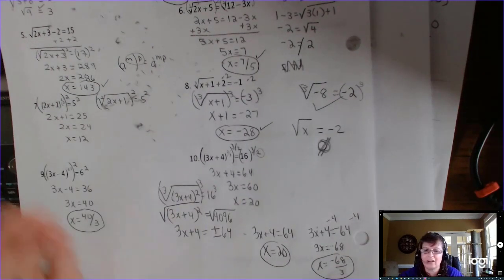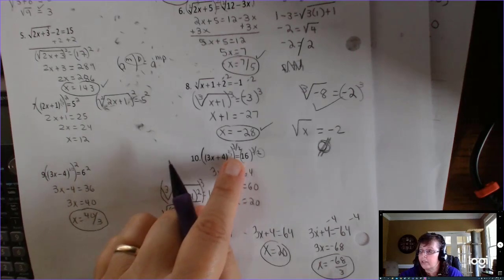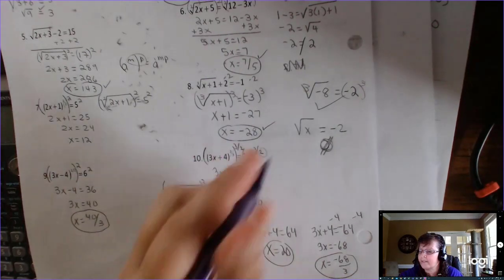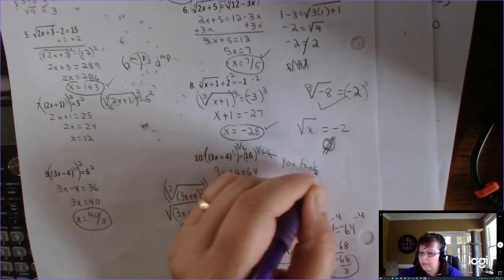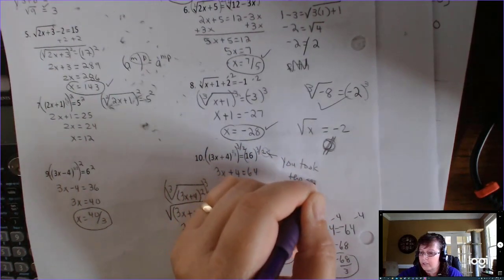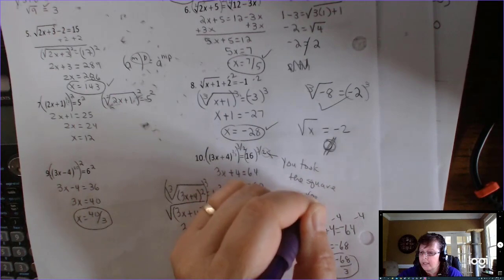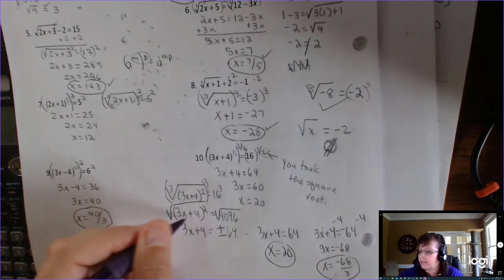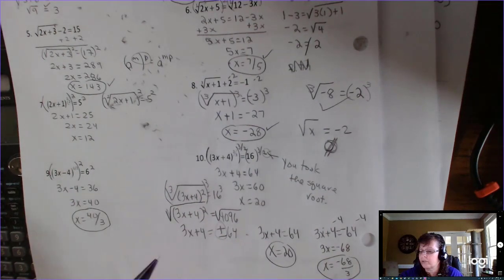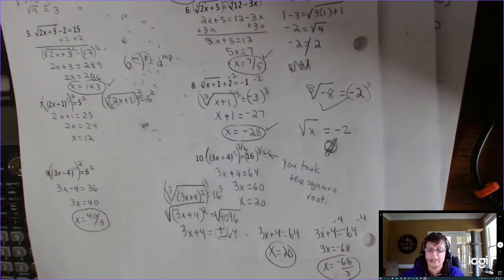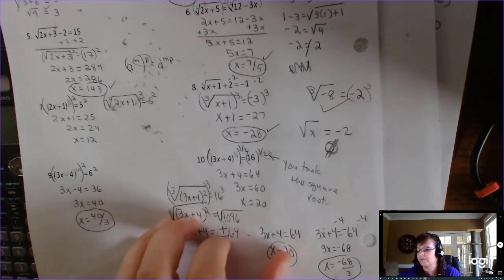So that's a cautionary tale to using a good technique, but it really is hiding the fact that you took the square root when you have a 2 in the denominator. If you write it out this way, then you are less likely to miss the fact that you're taking the square root, so it's plus or minus. So the answer isn't just 20, the answer is 20 and negative 68 over 3.